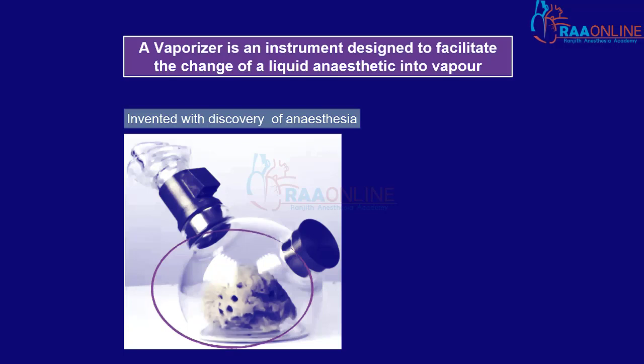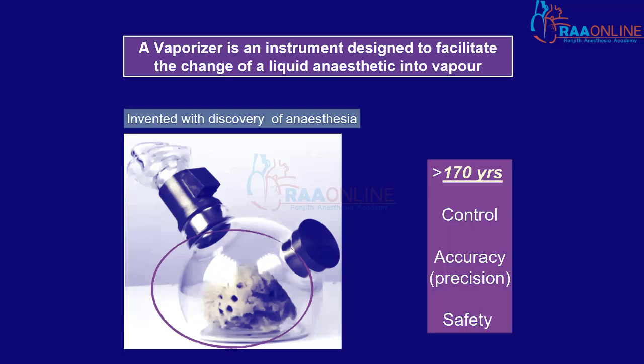This is the anesthesia equipment, or the bottle, used by WTC Morton to deliver the first anesthesia. If you look at it, there is a small sponge which was used to increase the surface area for evaporation in this device to deliver the anesthetic agent in vapor form.